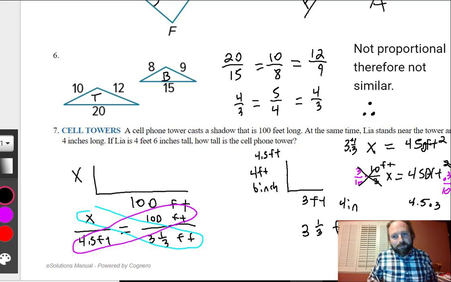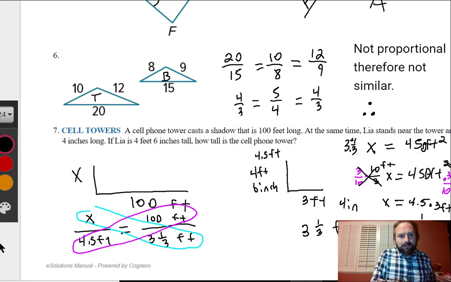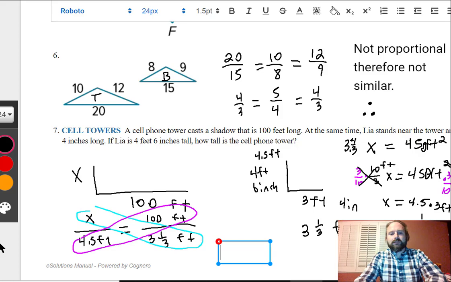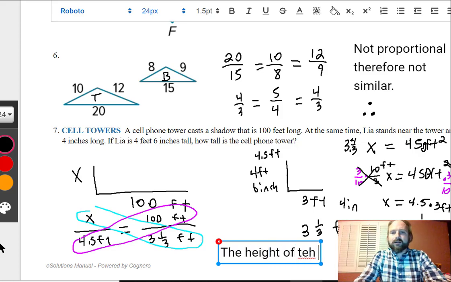But wait, I divided by feet, so now 45 times 3 is equal to x feet. 3 times 5 is 15. 3 times 4 is 12, so this is going to be 135 feet. So the height of the cell phone tower is 135 feet tall.